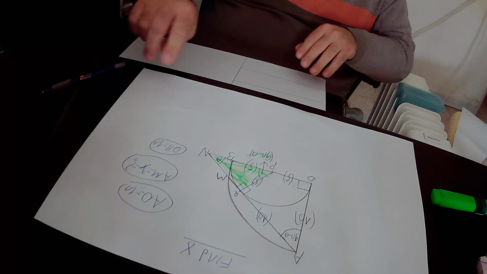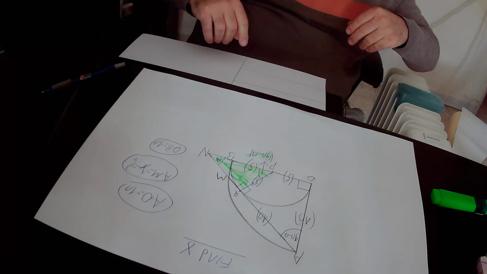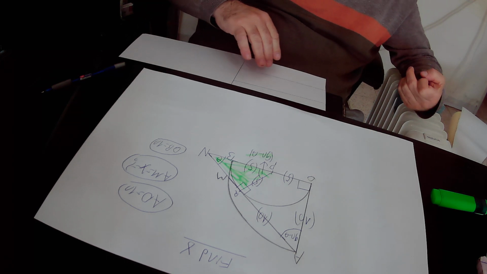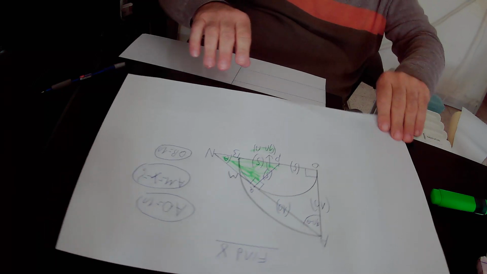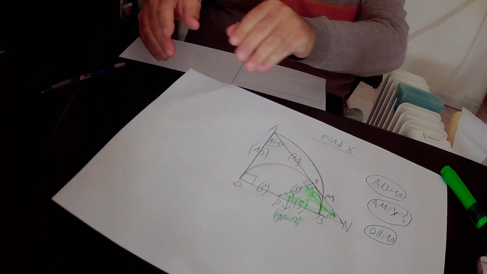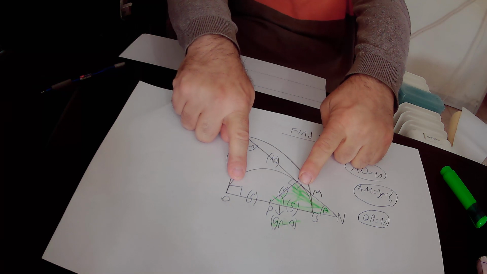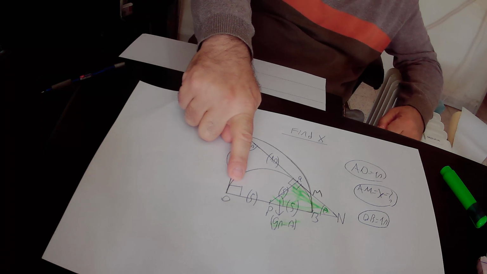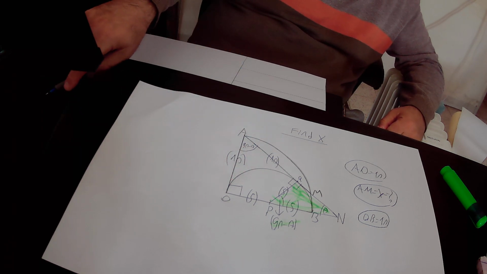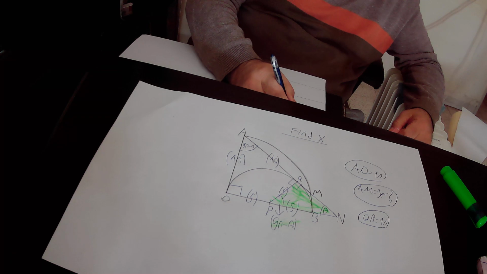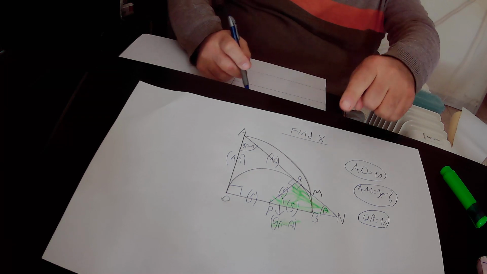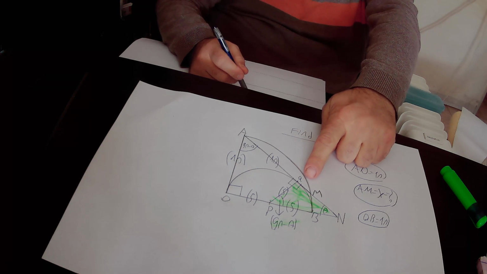So why are those two right triangles similar to each other? First of all, those two angles are both equal to 90 degrees, therefore they are equal to each other. So this is the angle AON in the big right triangle AON, and it is equal to this angle in the green triangle, that is angle PQN.